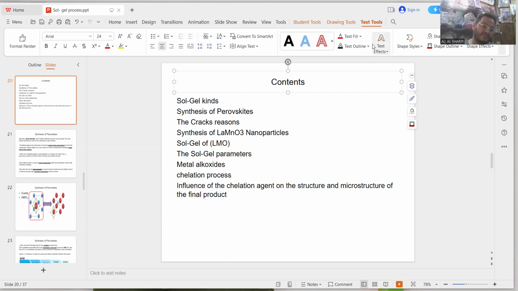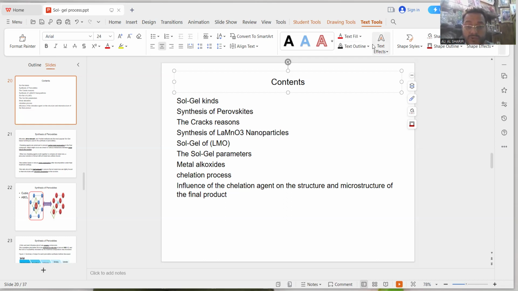Sol-gel kinds, the most famous sol-gel kinds, and which one I used, to synthesize the perovskite. We will talk about the most important perovskite, lanthanum manganite oxide: why we use it, why I selected manganese as the transition metal, and what is interesting about this transition metal.